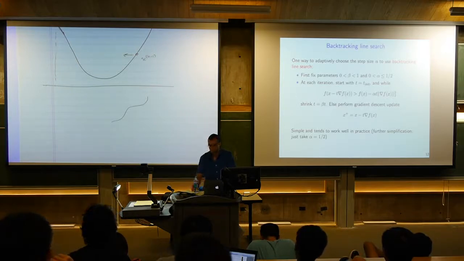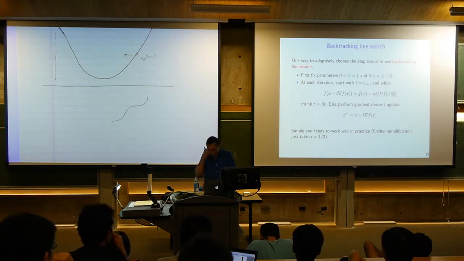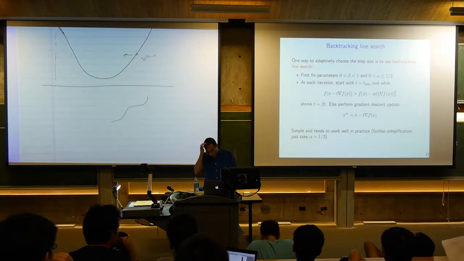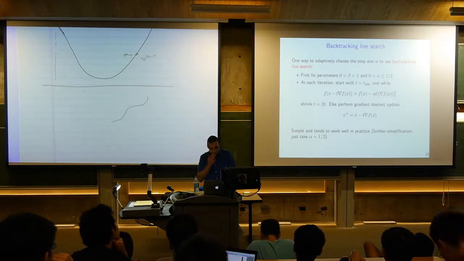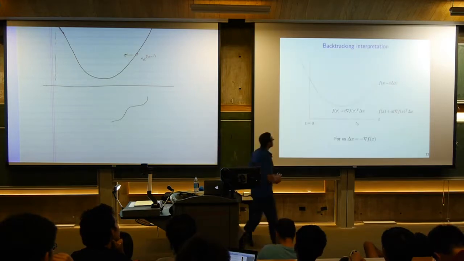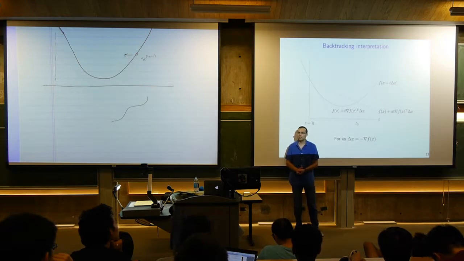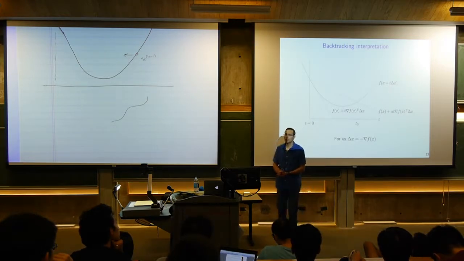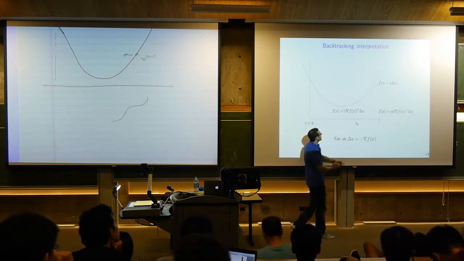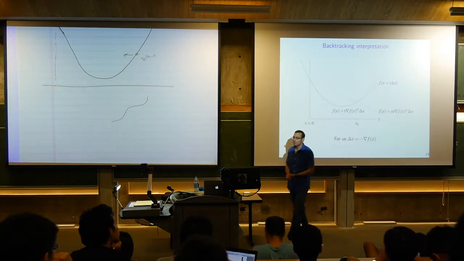Why do you choose alpha to be less than or equal to a half? That's a good question. The best answer comes from the convergence analysis. If alpha is chosen to be larger than half, then it's not clear that backtracking will give us a convergent algorithm.